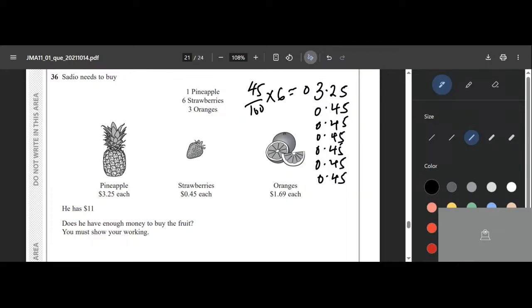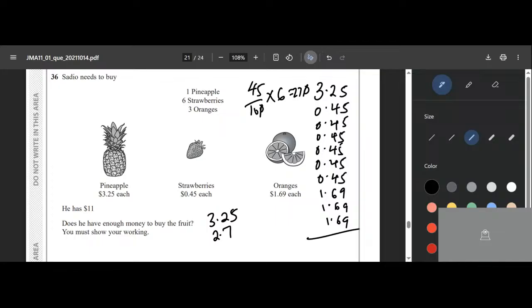I carry 27 divided by 0. So we have 3.25. Then we add 2.7. So this is for the strawberries. And 3 oranges. So we can add 3 oranges. 1.69, 1.69, 1.69.